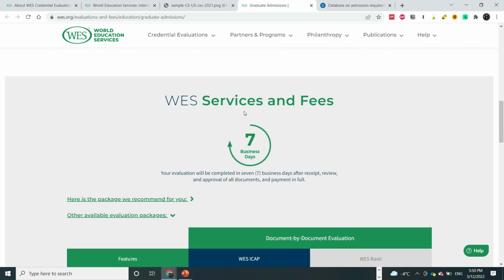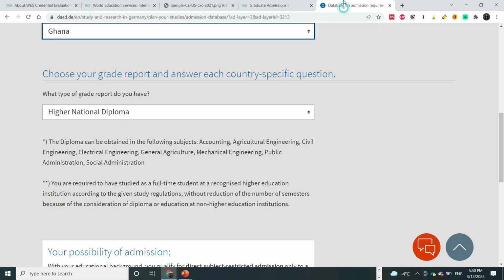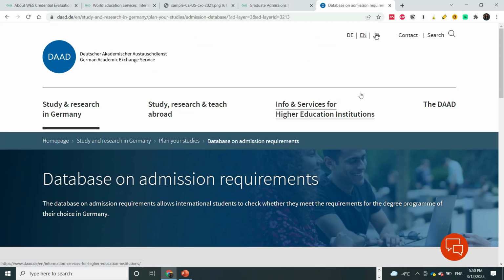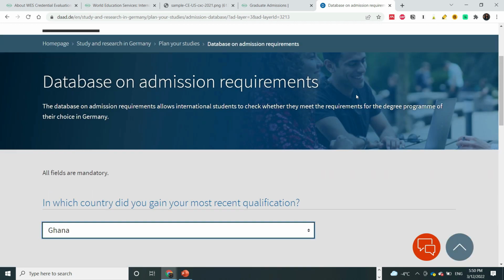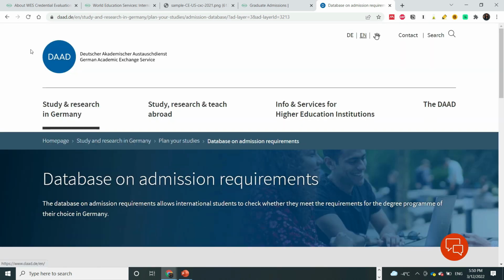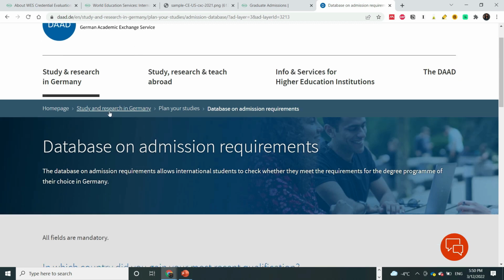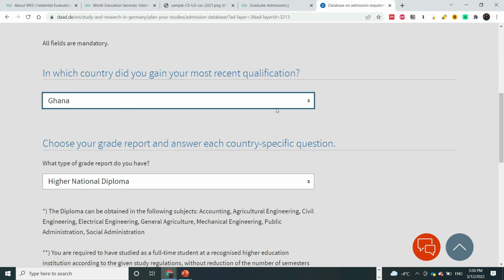And I found one last thing, which is a bonus I'm going to share with you, and that's for Germany. What do you have to do or what is required of you? This information is on the DAAD portal. When it comes to Germany, they really have a lot of information. So the first thing is you have to select your country, and I selected Ghana.